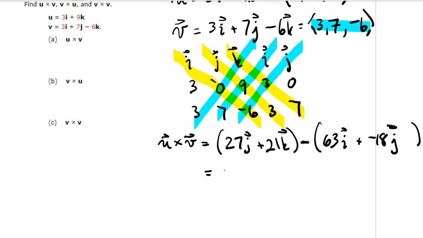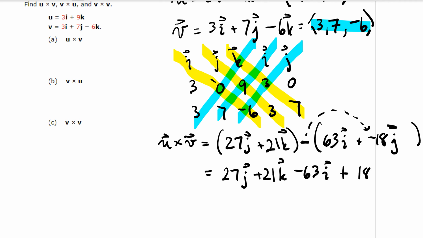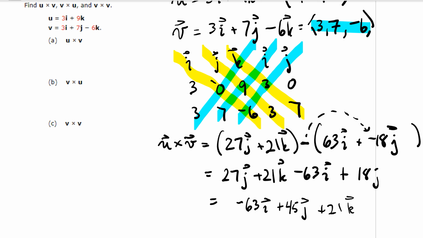And this would be 27j plus 21k minus 63i, and then plus, from distributing this, negative 18j. And that would mean the cross product is negative 63i plus 45j plus 21k.